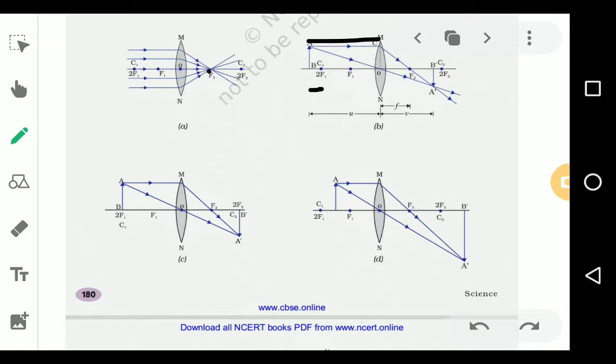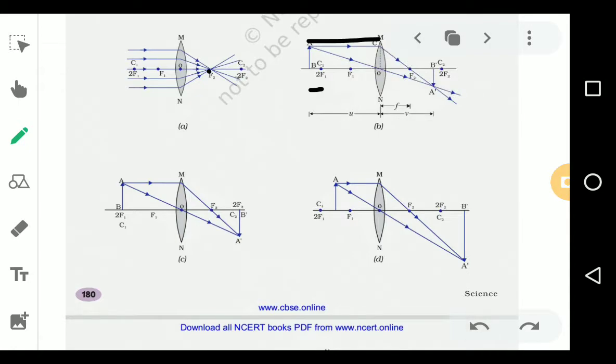Another light ray, which is passing through the center O, will not change the direction of its path. So it will be refracted in the same direction, and both the refracted light rays are intersecting at this point, and the point is A dash.